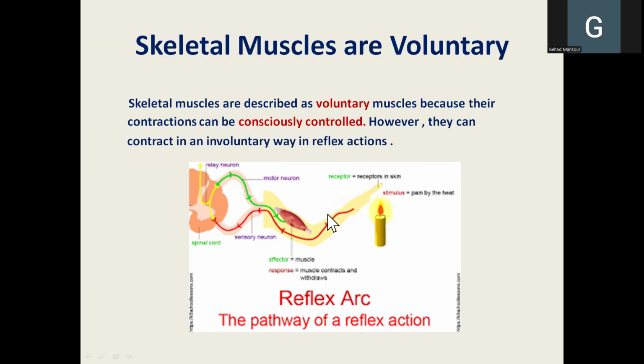Of course, if you injure or damage the receptor, or if you damage the sensory neuron, the reflex will stop, and you wouldn't feel the sensation because the ascending fibers would not receive any stimulus.